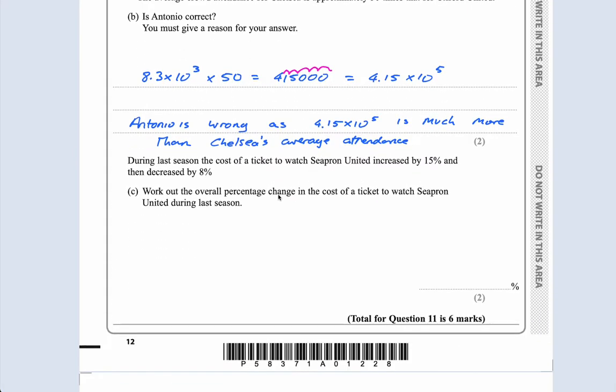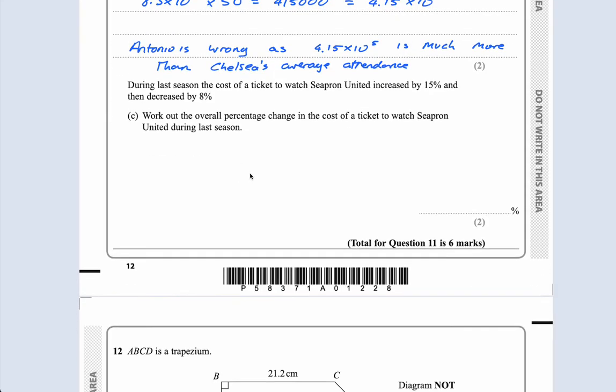Okay. During last season, the cost of a ticket to watch C Prawn United increased by 15% and then decreased by 8%. Work out the overall percentage change in the cost of a ticket to watch C Prawn United.